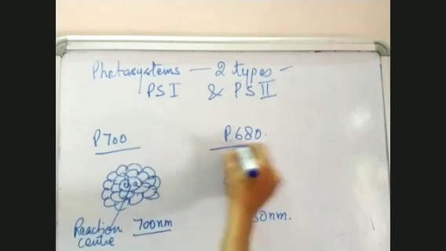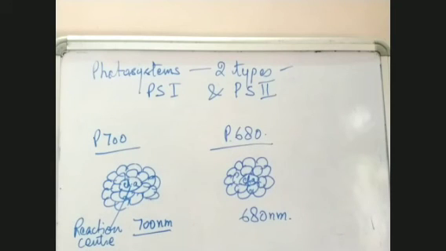So this is about the absorption capacity of the reaction center. In PS1, the maximum absorption of chlorophyll A is 700 nm, whereas the peak of the reaction center in PS2 is 680. So this is the difference between photosystem 1 and photosystem 2.